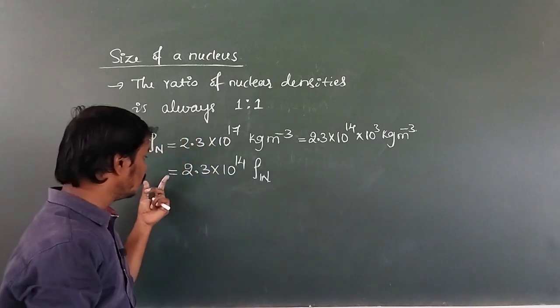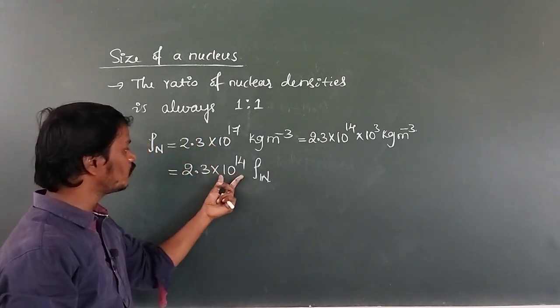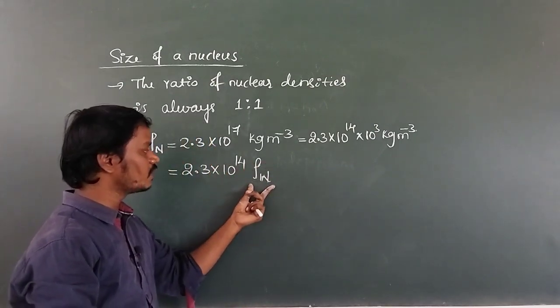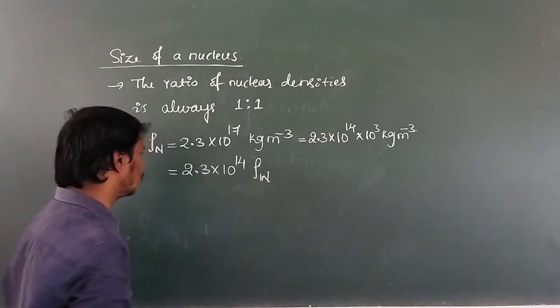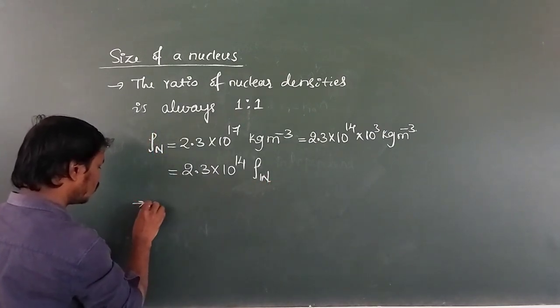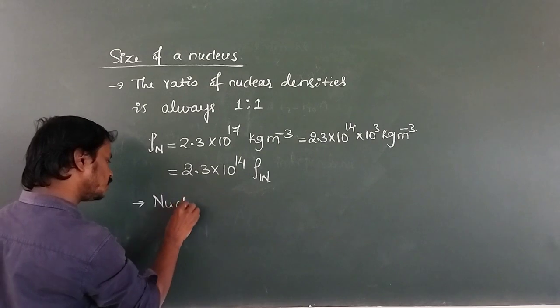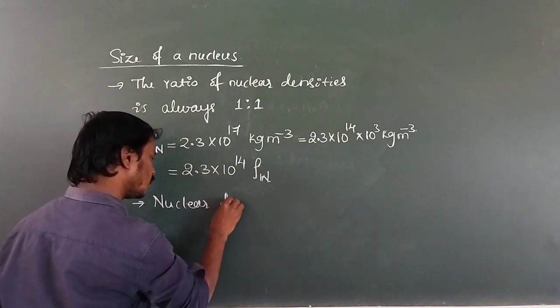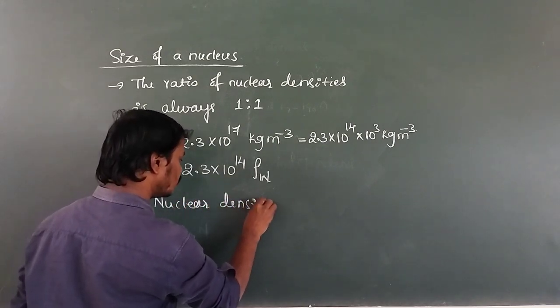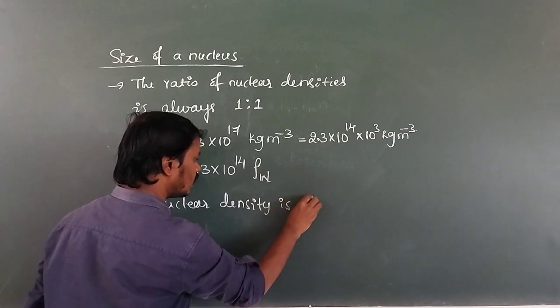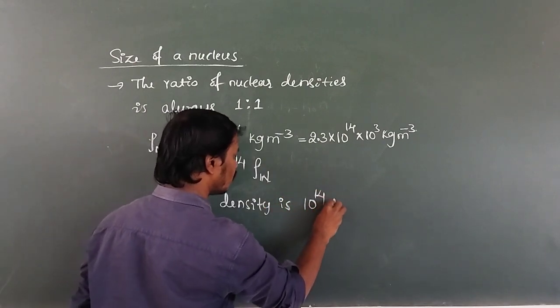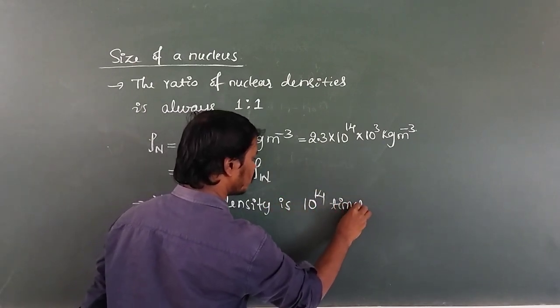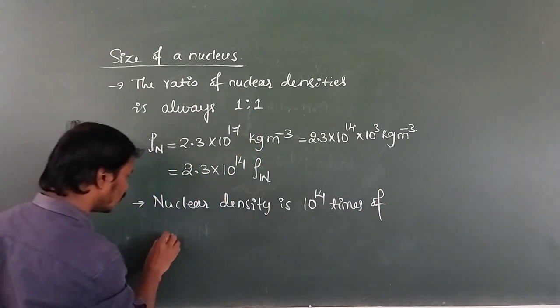It means the nuclear density is 10 to the power of 14 times the density of water. So remember this point. Nuclear density is 10 to the power of 14 times the density of water.